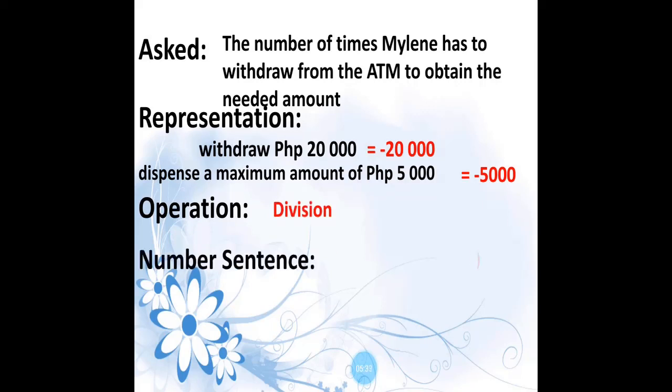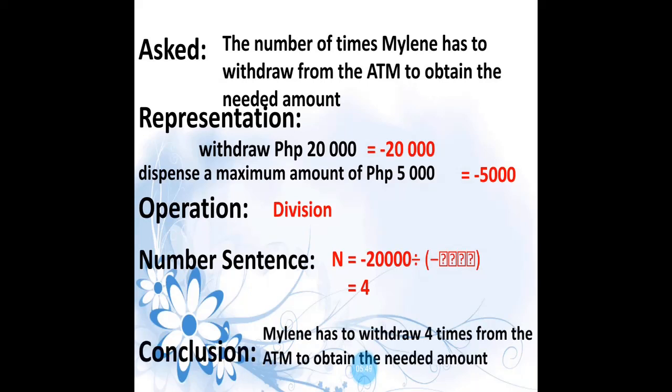Number sentence will be negative 20,000 divided by negative 5,000. So the answer will be 4. Therefore, Mylene has to withdraw 4 times from the ATM to obtain the needed amount. Is that clear?